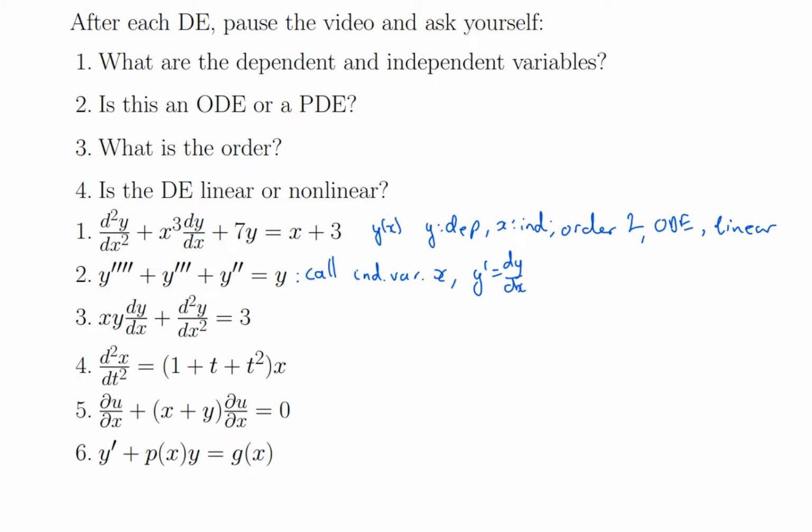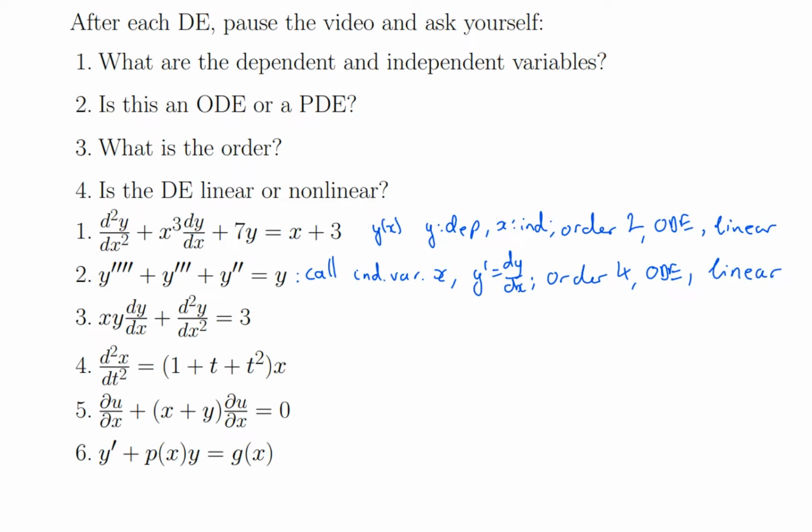Then y would be the dependent variable. Now I see that the order is 4 because I've got the fourth derivative of y. It's an ODE. Run along all the terms. Each term is a function of x. Well, you don't see any x's. That means that those coefficient functions are just 1 times the derivative of y, so it's linear. It's a linear fourth order ODE. That one would be easy to solve.